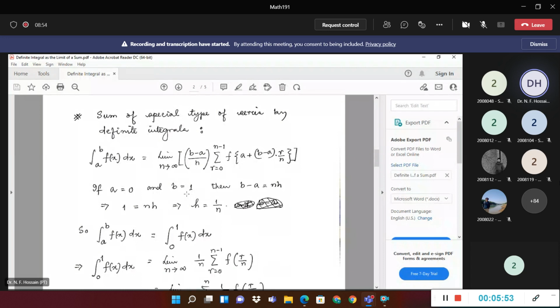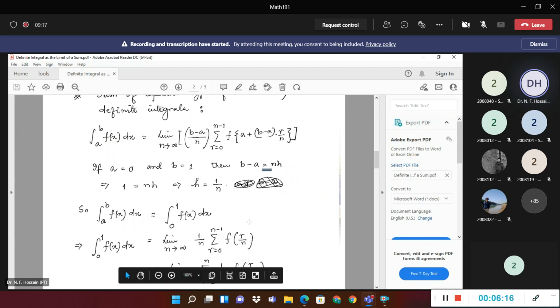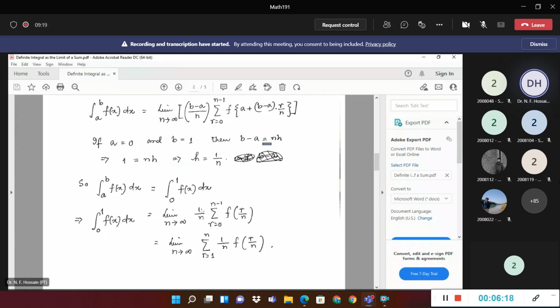Then b minus a equal to nh gives you 1 equal to n into h. That means h should be 1 over n. So the integral from 0 to 1 of f(x) dx will be on the left side, and on the right side it will be limit n tends to infinity of 1 over n.